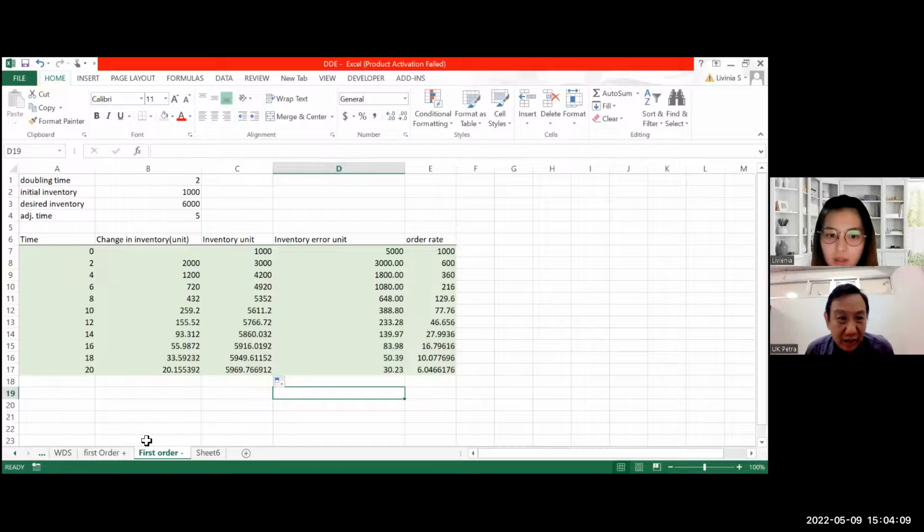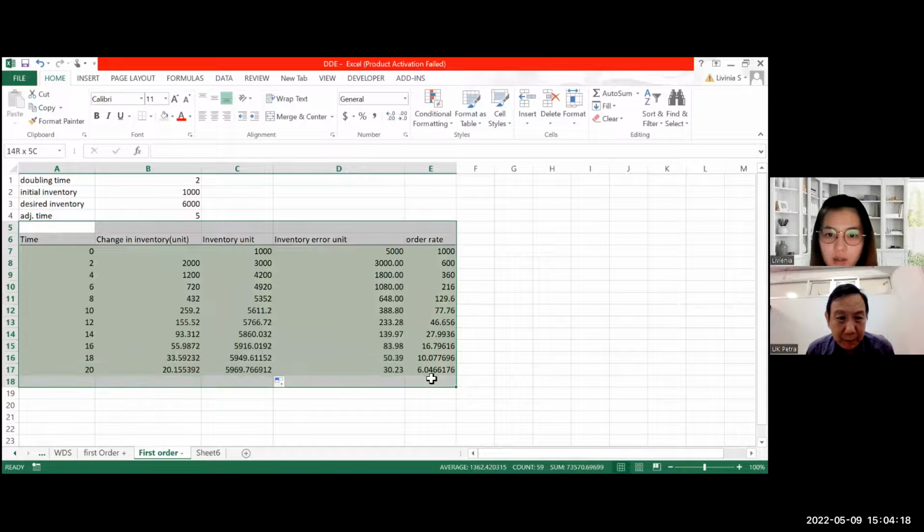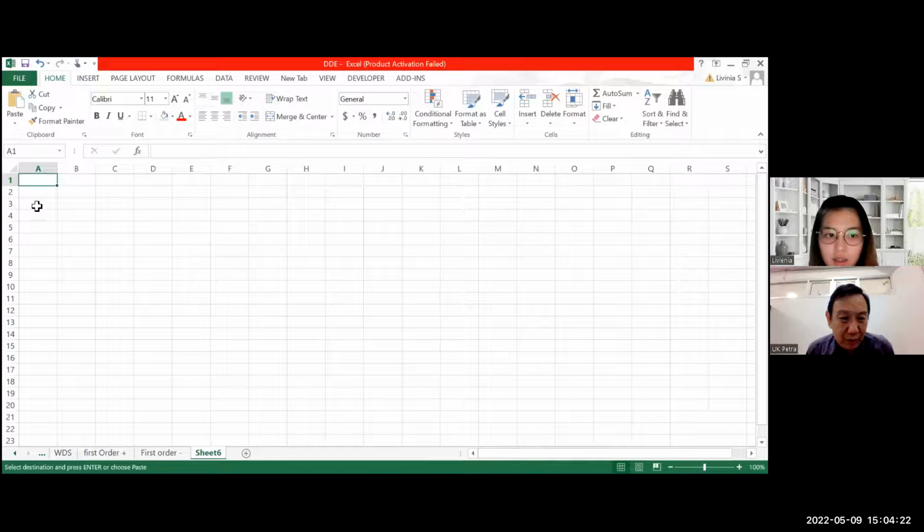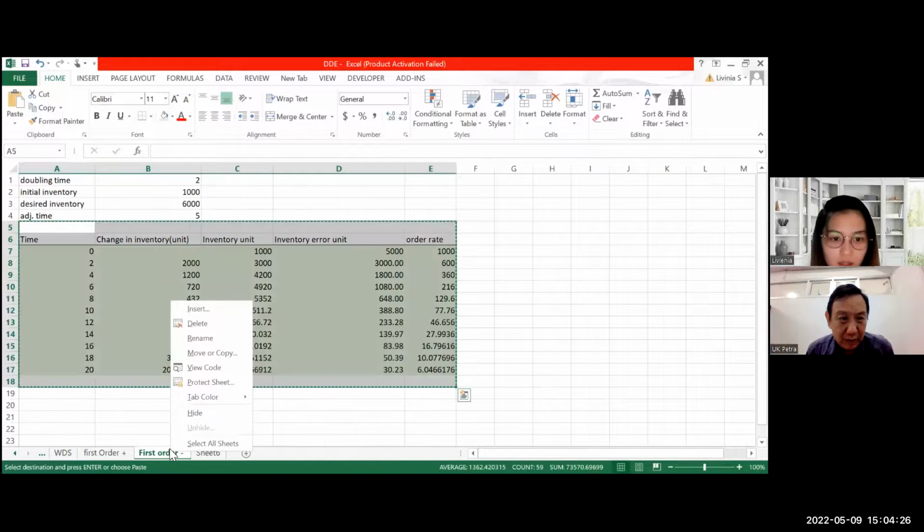Which one? Inventory, the change of inventory does not change, right? Or copy sheet if you want.